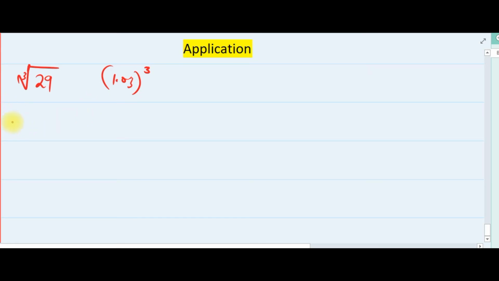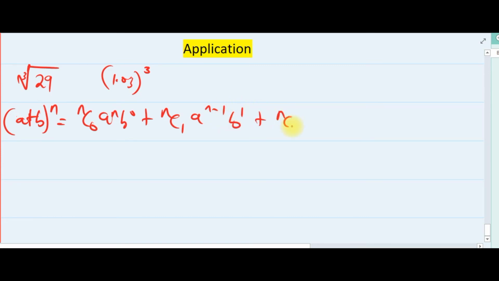But let's review our binomial formula. If you have (a plus b) to the n, that is always n combination 0, a^n b^0, plus n combination 1, a^(n minus 1) b^1, plus n combination 2, a^(n minus 2) b^2. So let's get something.